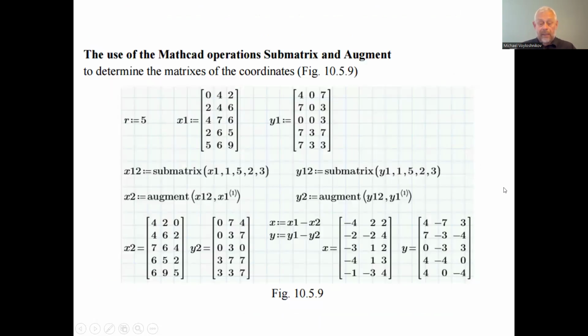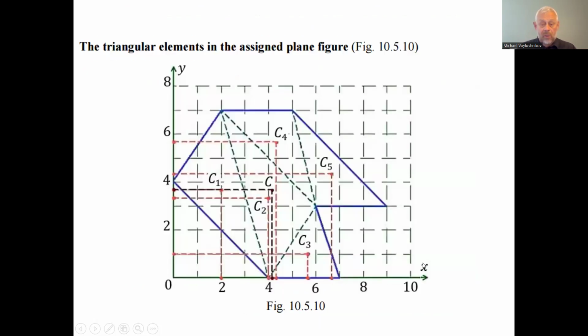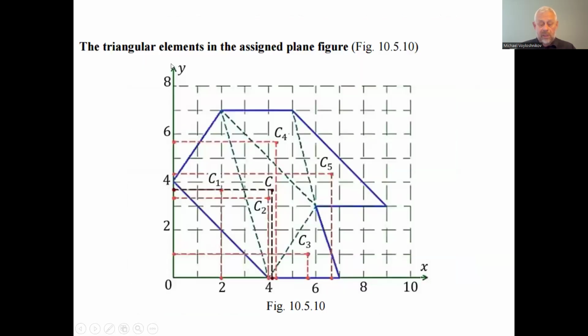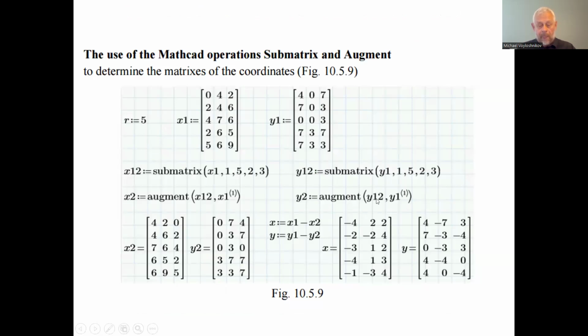After having the projections of the sides of these triangles, we will find the length using the Pythagorean theorem with the use of vectorization. We have to do that because we have to assign the action of the Pythagorean theorem as the square root of the sum of squares of the projections on the axes. This is one projection, another projection.